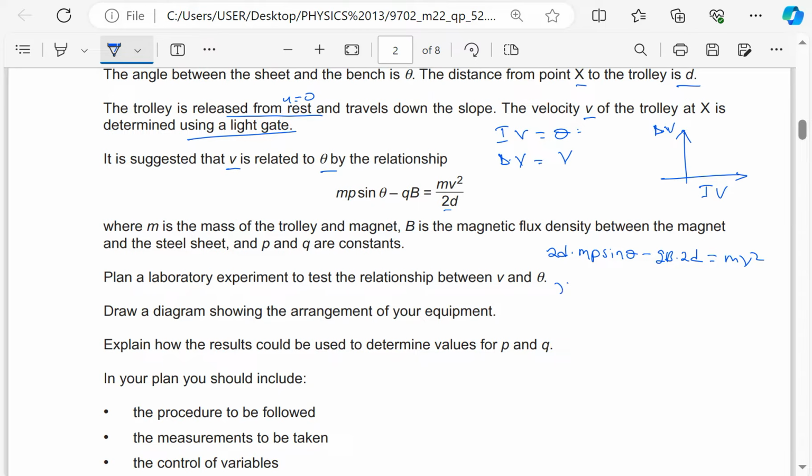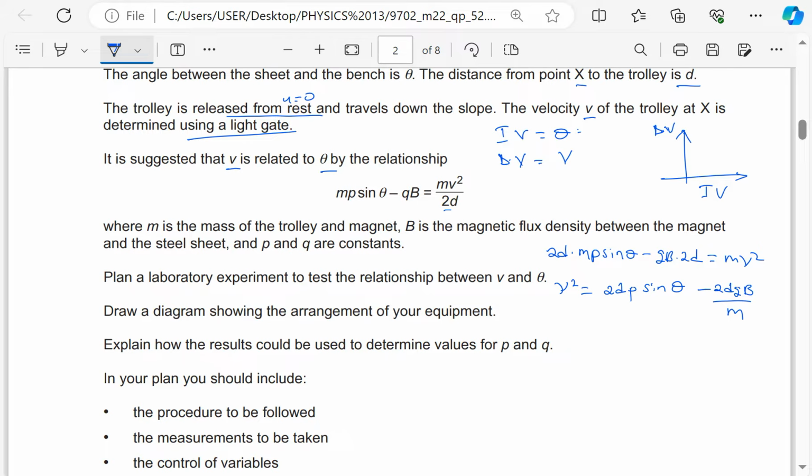When I make v squared the subject, I don't need to find the square root, so I'll simply say v squared is going to be 2d times p sine theta. Then minus, since I'm dividing by m, it will be 2dqb divided by m. So I have made v squared the subject because v is the dependent variable.